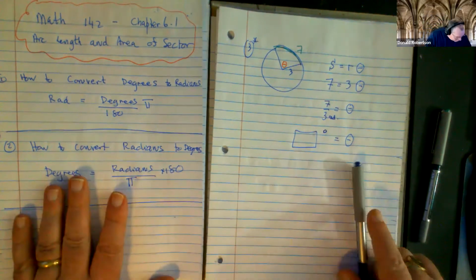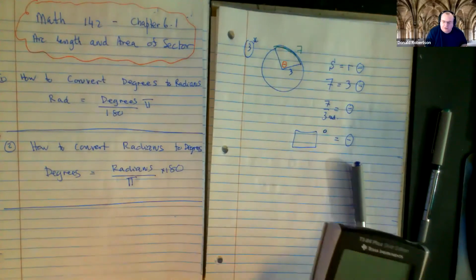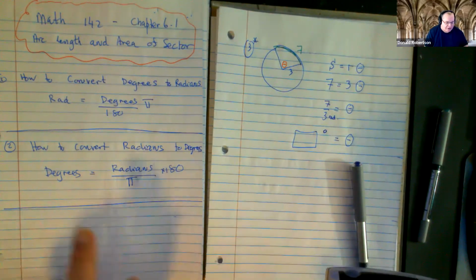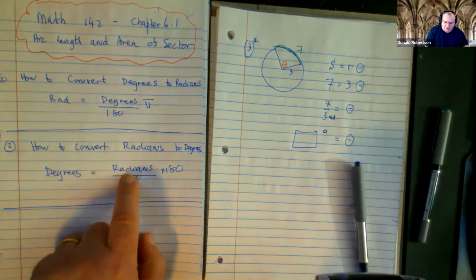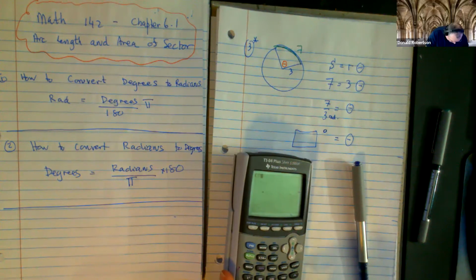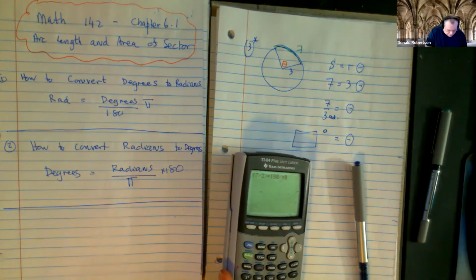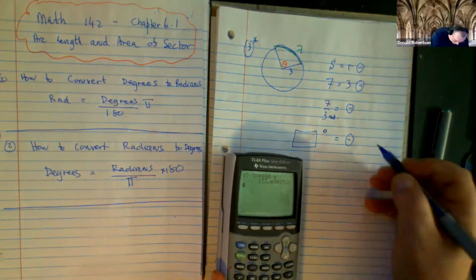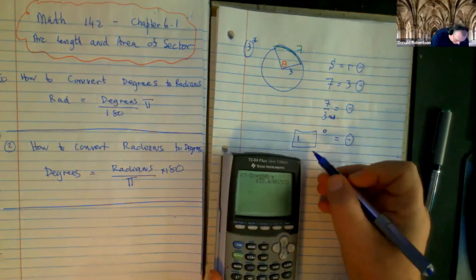So that's where you would move over to here and say, okay, how do I get degrees? Well, I get degrees by doing this. So on my calculator, I'd go brackets 7/3, that's that bit, times by 180, and then divided by pi, right? And round off the answer, let's say to 1 decimal place.